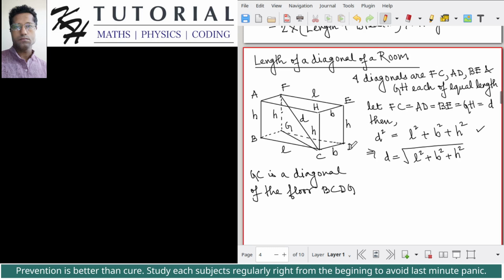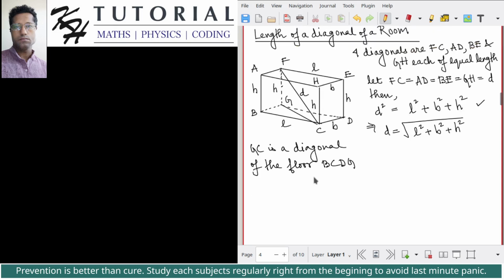So based on the formula of the diagonal of a rectangle, we know that GC square, the diagonal square, will be equal to the length square plus breadth square of the floor. So I can say BG square plus BC square.